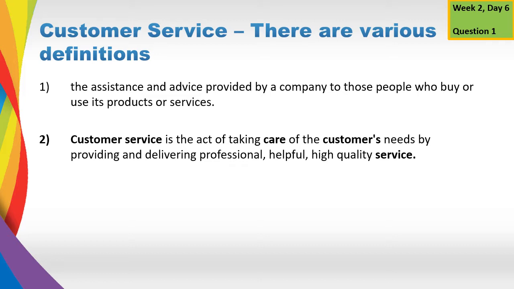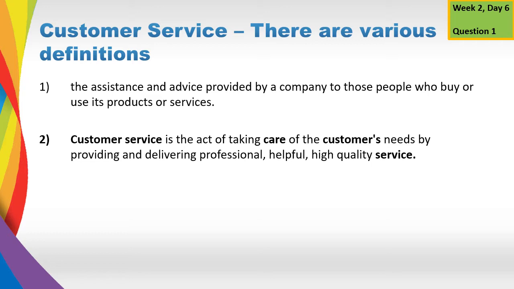So when you're working in an office environment in business administration, you are providing assistance and advice as part of a company. You're providing that assistance and advice to customers, and those customers are the people who will buy either products or use products from that company, or it could be a service.